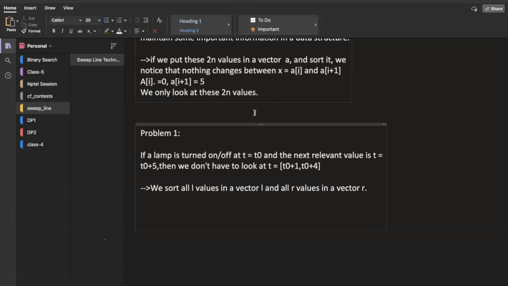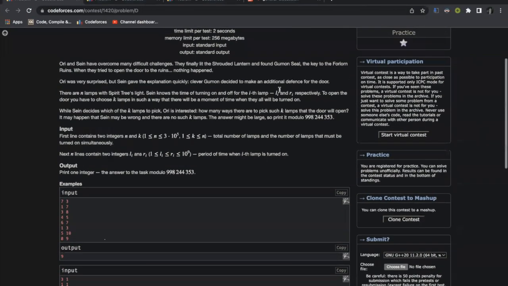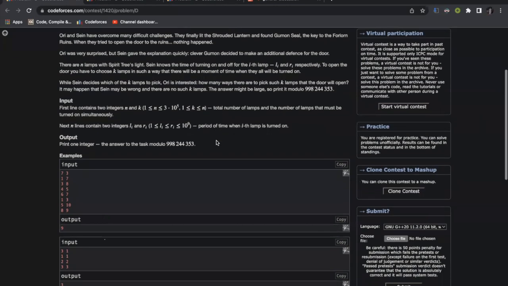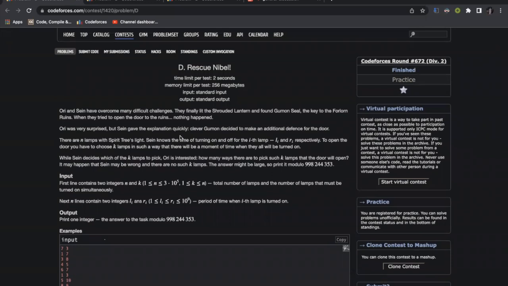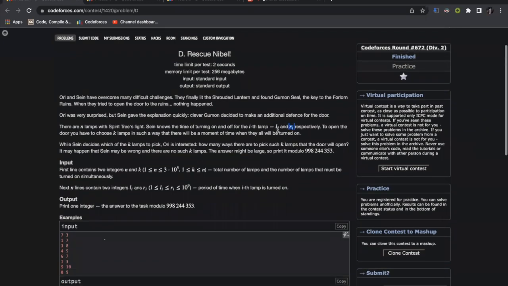So Ayush says, just a corner case: at time t, suppose a lamp is turned on and another lamp is turned off. So at that moment were there 2 lamps? Yeah. So according to the problem, they are saying that these Li and Ri values are inclusive. Or let's see. Okay, so these values are not inclusive, I think.